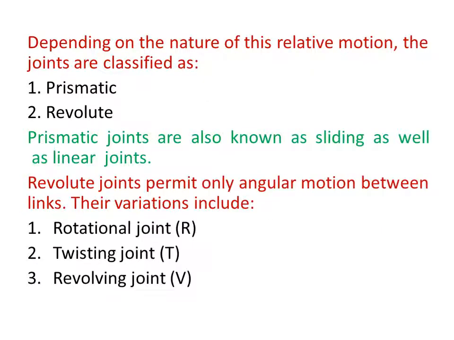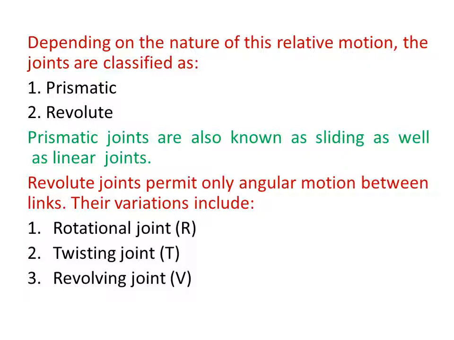Now, depending on the nature of this relative motion, the joints are classified as prismatic joints and revolute joints. Prismatic joints are known as sliding as well as linear joints. They are called prismatic because the cross section of the joint is considered a generalized prism.